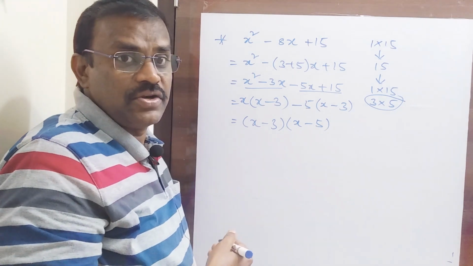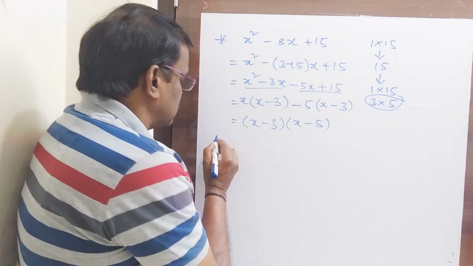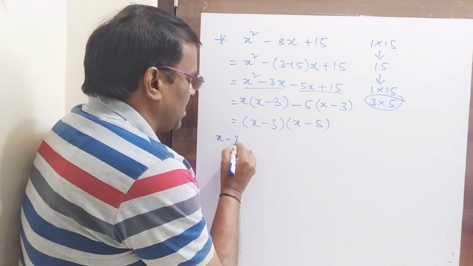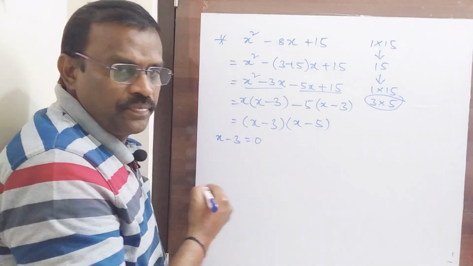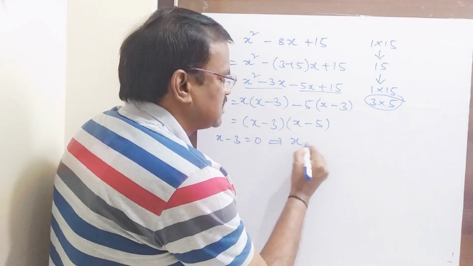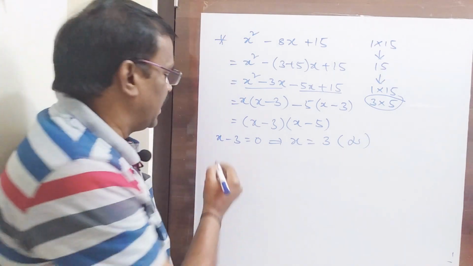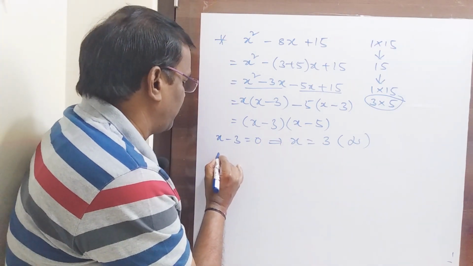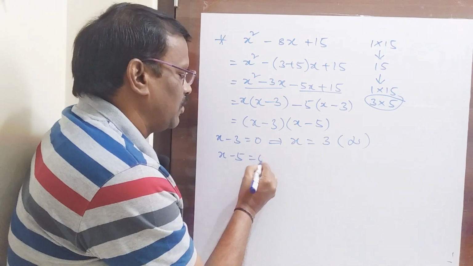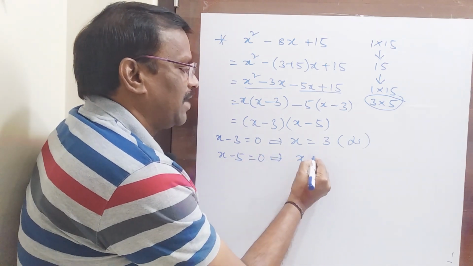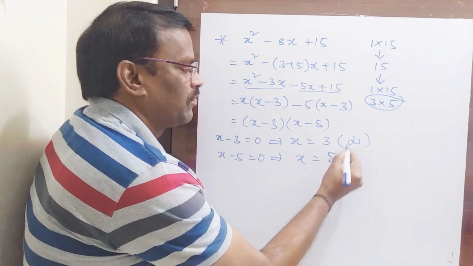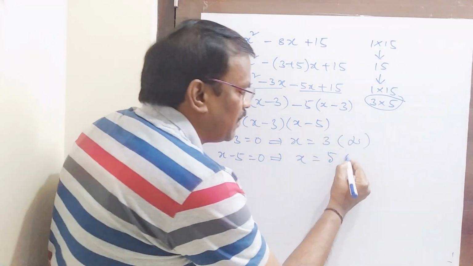Now you need to find the zeros of these two binomials. See here, equate each binomial to 0. This implies x is equal to 3. Let this one be alpha. In the same way, the second factor, x minus 5 is equal to 0. From that, x is equal to 5. Let it be beta.